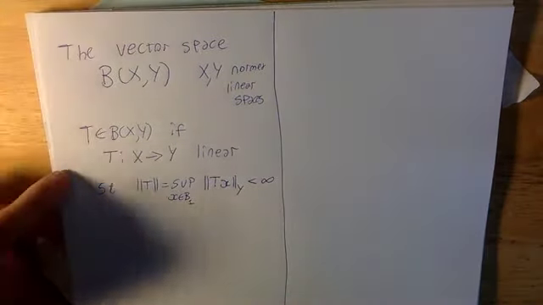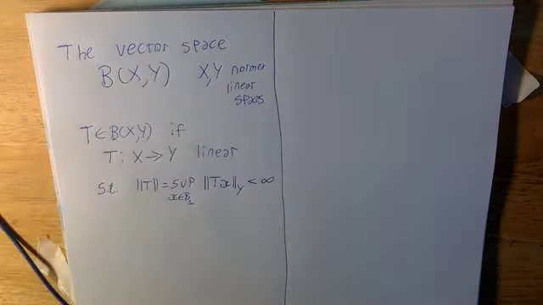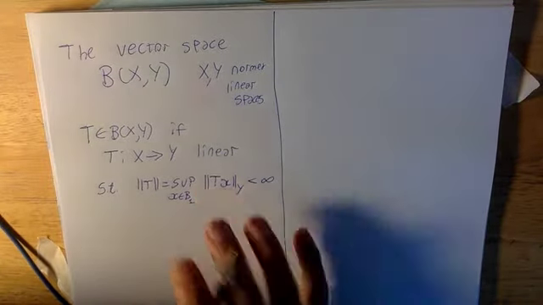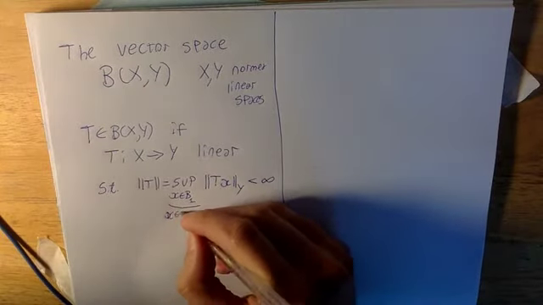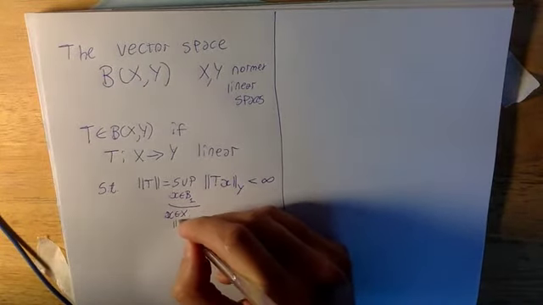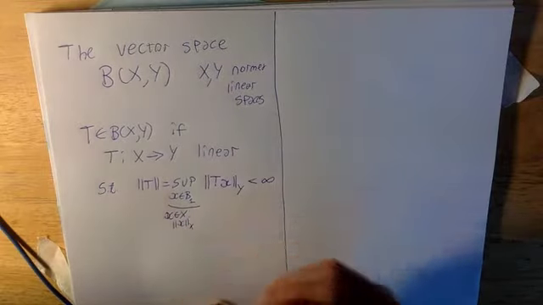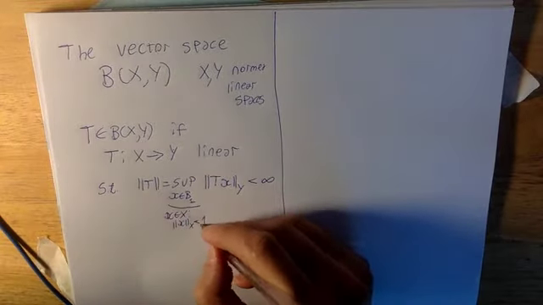Okay, so this is the space B(X,Y). What we saw last class is that this has a few generalizations. So x in B1 just means all of the x in X such that the norm of x is less than 1.